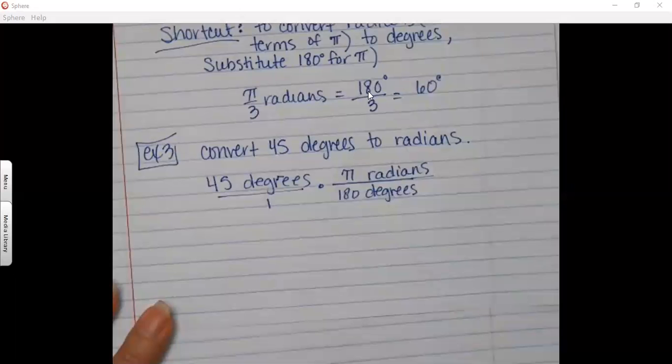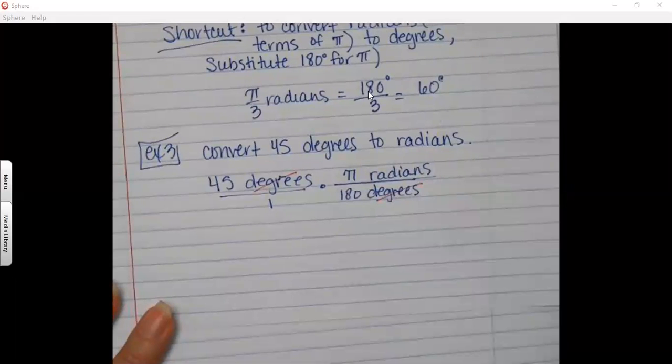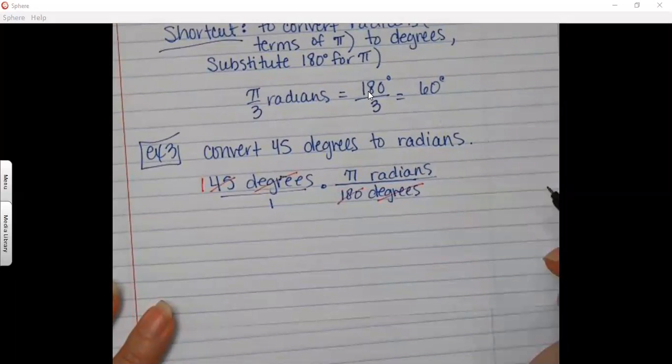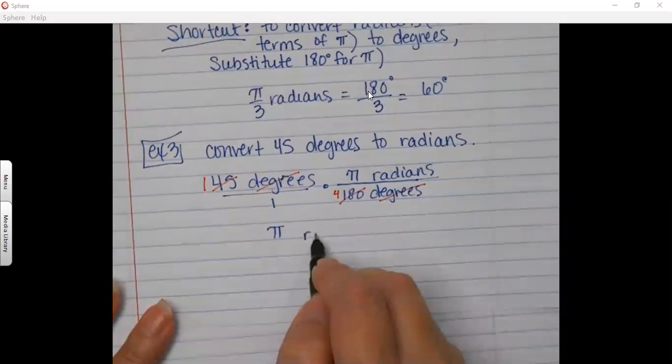Pi does not cancel this time. Can I reduce 45 and 180? Yeah, they're both divisible by 45. 45 goes into 45 once. 45 divides into 180 4 times. So I'm left with 1 in the top left fraction, times pi radians. So in my numerator, I'm left with pi. I'm just going to write the word radians, not in the fraction.